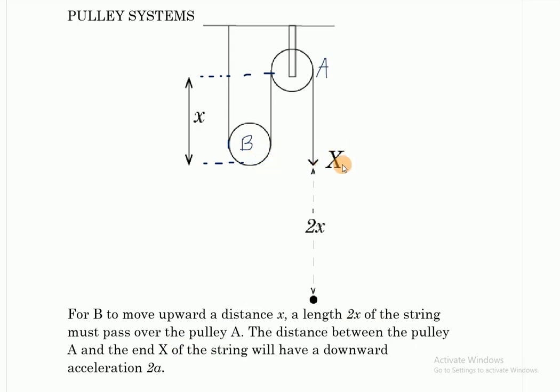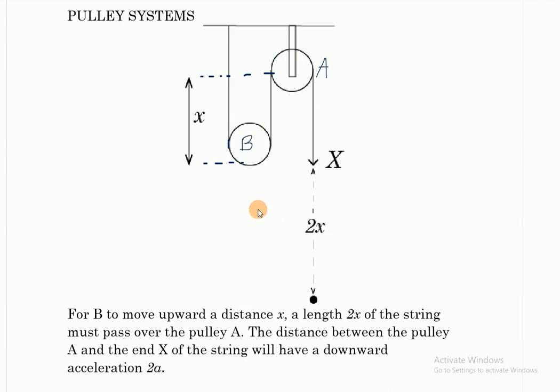It is by having a force at x moving downwards. When this one is really up here, it means the whole length, this x plus this x here, has moved through that. That's how it is coming to 2x.